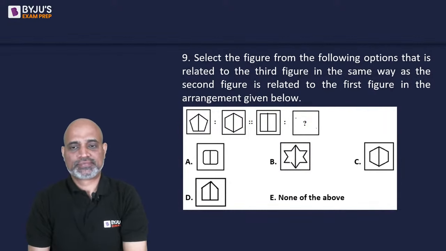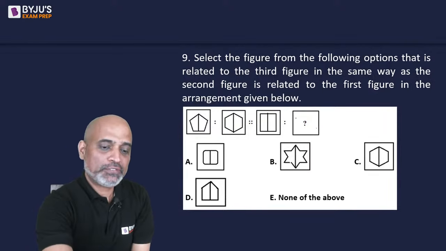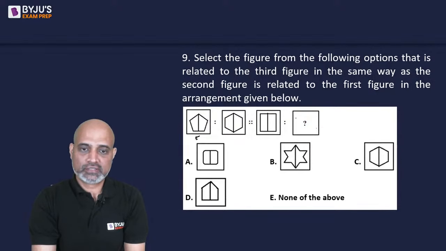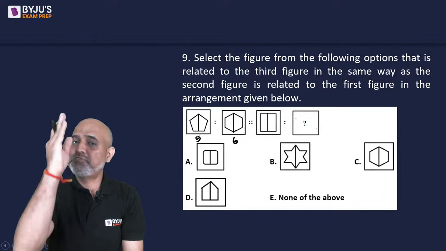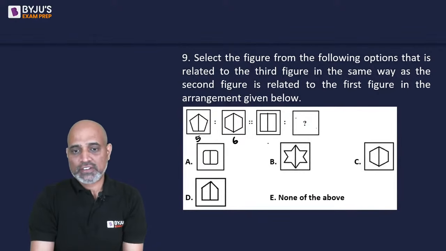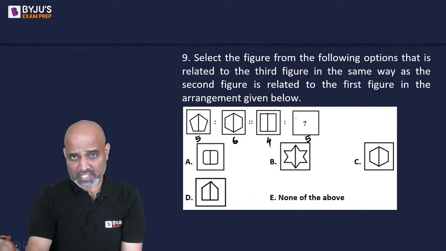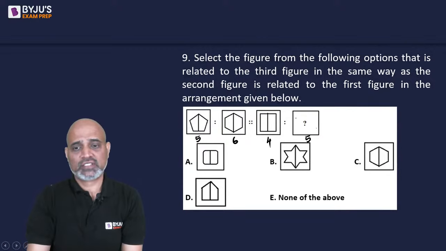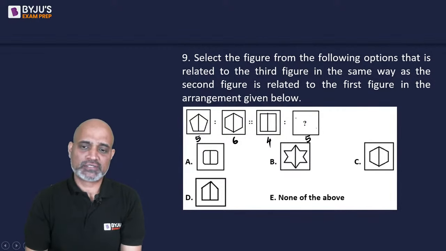We have a 5-sided figure, and then we have a 6-sided figure, we have a vertical line. We have a 4-sided figure, so we need to have a 5-sided figure, एक extra side and a vertical line. Which out of these is a 5-sided figure and a vertical line?